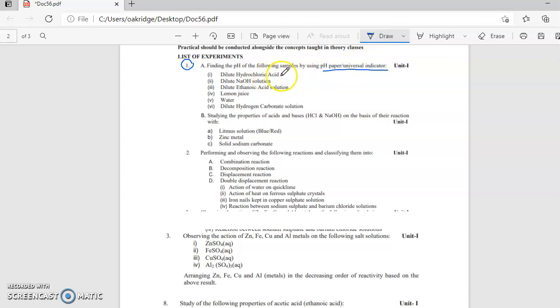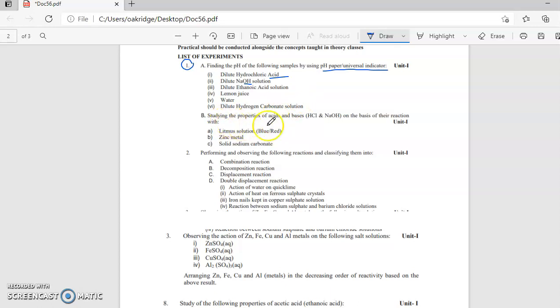You will take an acid, a base, and again an acid, which is diluted ethanoic acid. You will take lemon juice, water, and dilute sodium hydrogen carbonate solution. The universal indicator will be dipped in each solution and tested with the color. It's a very easy experiment, I can say.